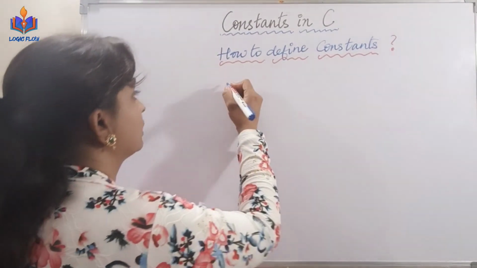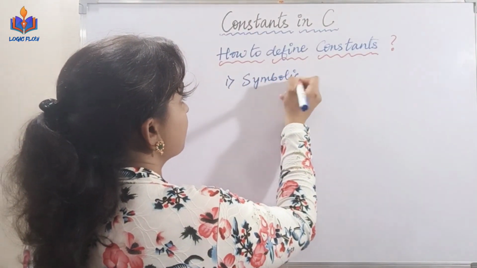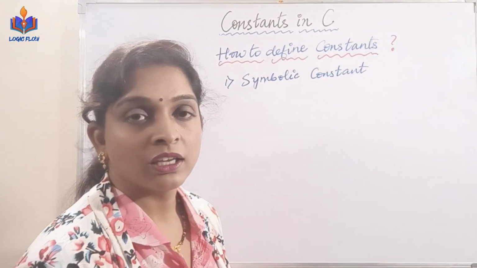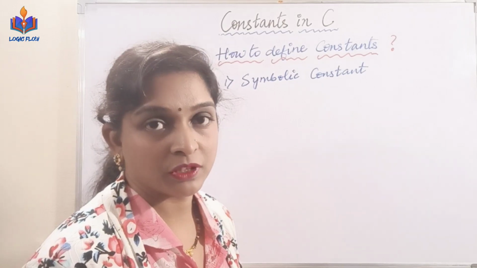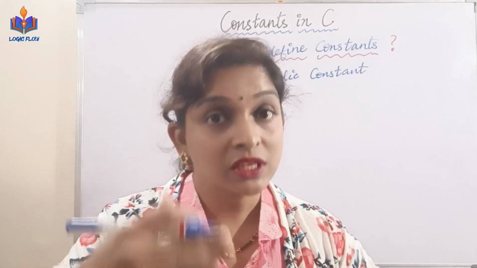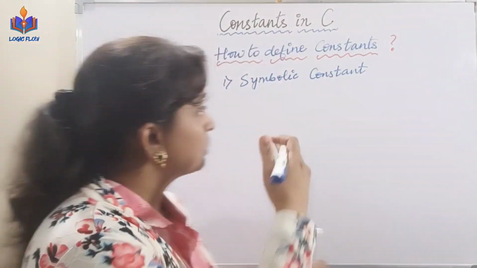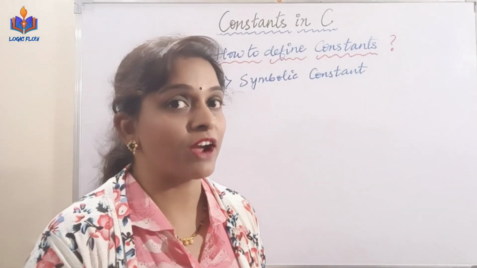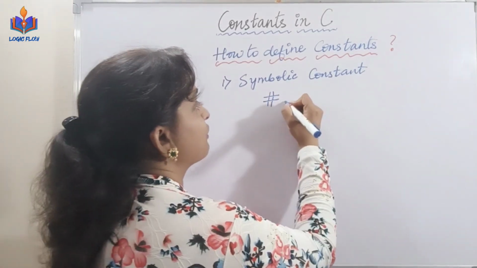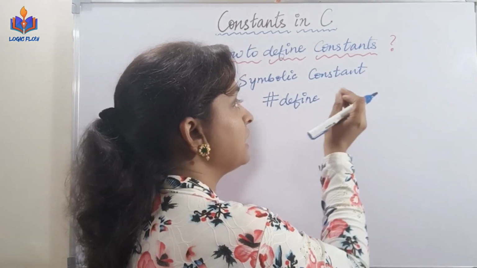The first method is a symbolic constant. So what is this symbolic constant? Symbolic constants can be defined in the definition section of the program, which is written before main. We'll discuss this in detail when we talk about the structure of a C program. Let us talk about how we are going to define it now. We use the preprocessor directive, that is hash, and we say #define, followed by the name of the constant.